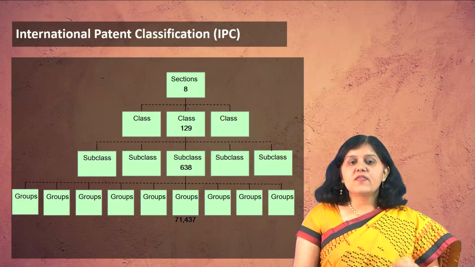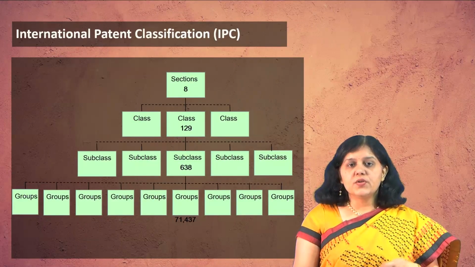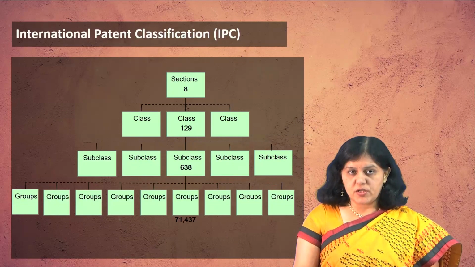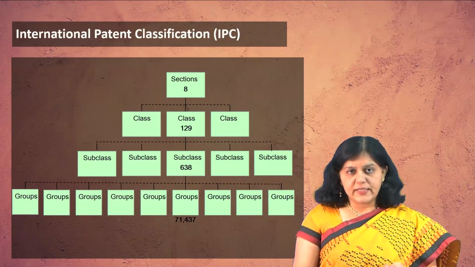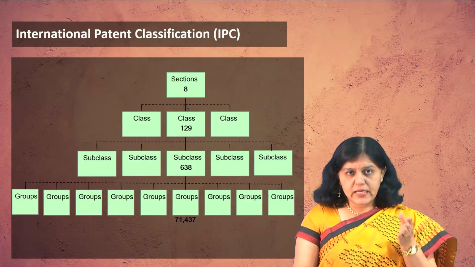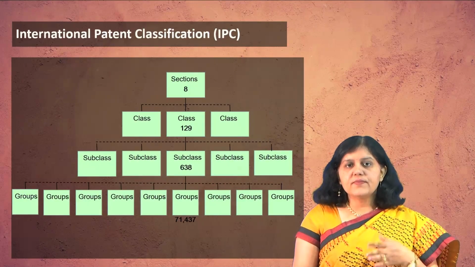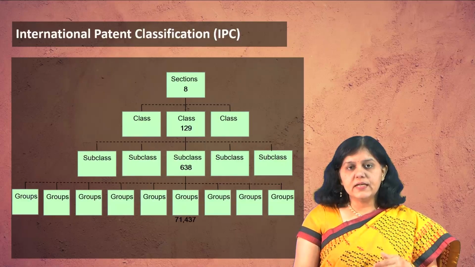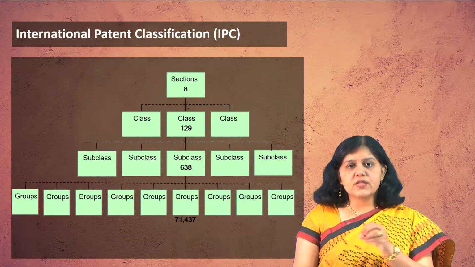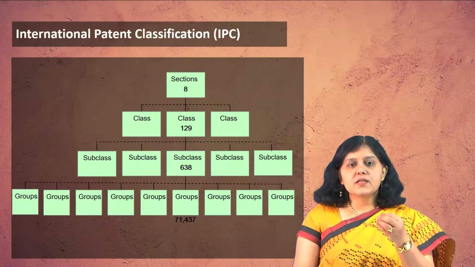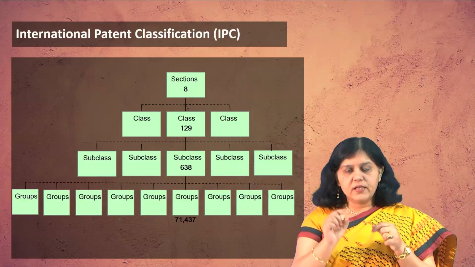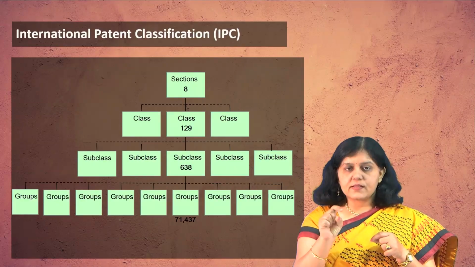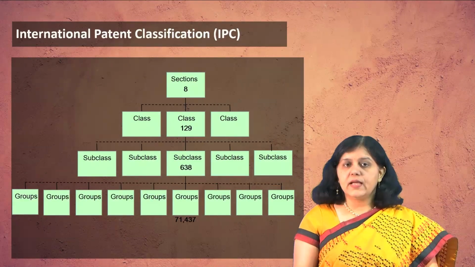So, what is the meaning of S? S is devices using stimulated emission, and we know that H is for electricity. So anything related to devices using stimulated emission will be under IPC classification H01S.